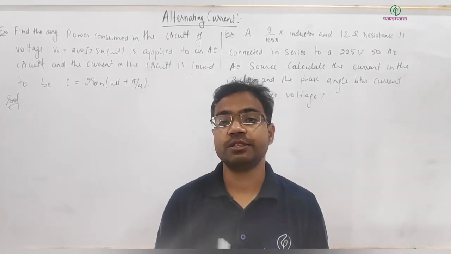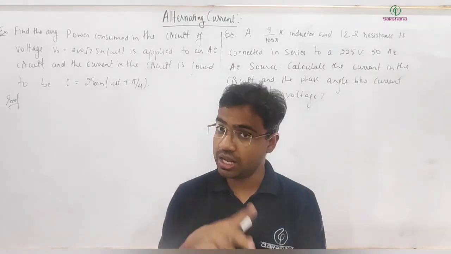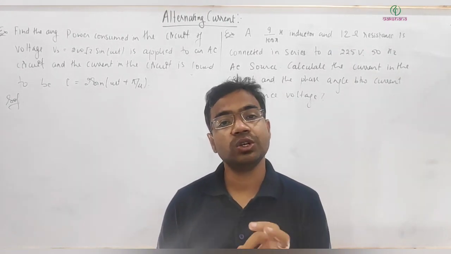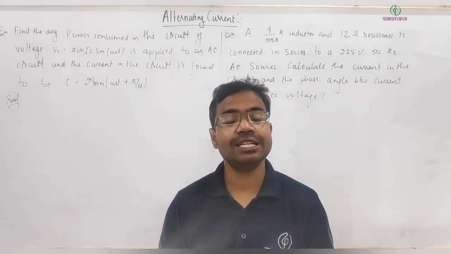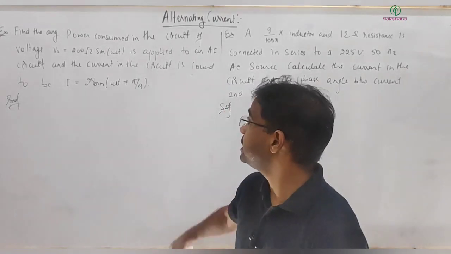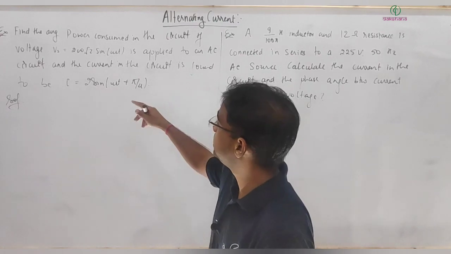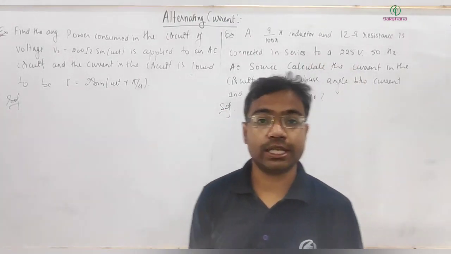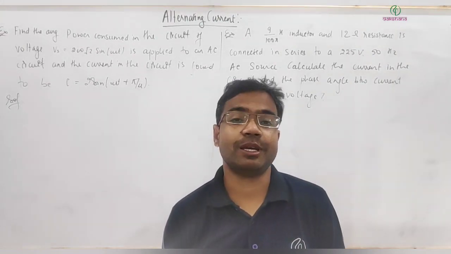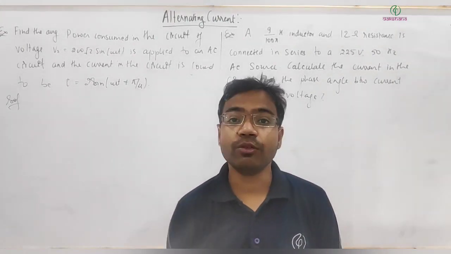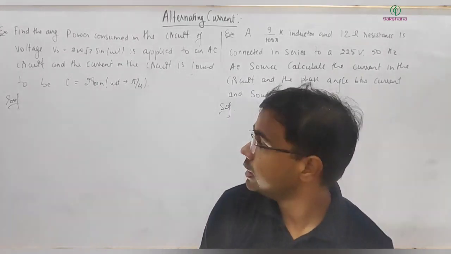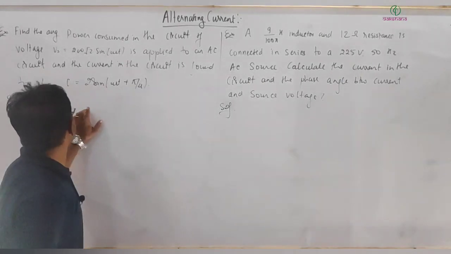Similarly, if V is given as V naught sine or cos of omega t plus phi, here also V naught is the peak voltage and V is the instantaneous voltage. But if simply a value is given, like 225 volt, meaning voltage or current is constant, then that value is by default the RMS value. So remember that.